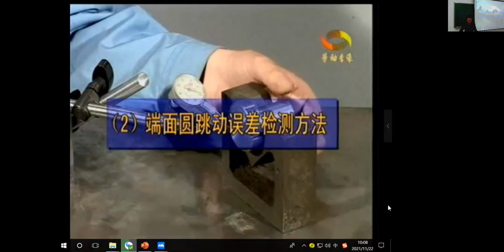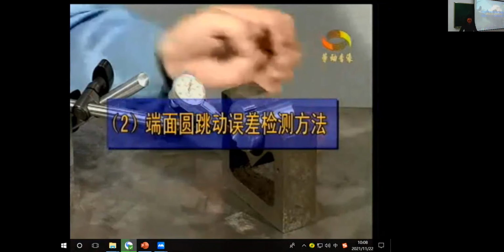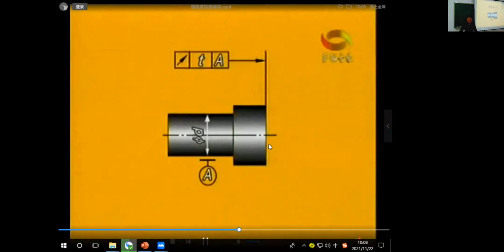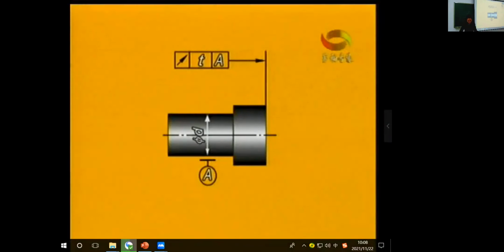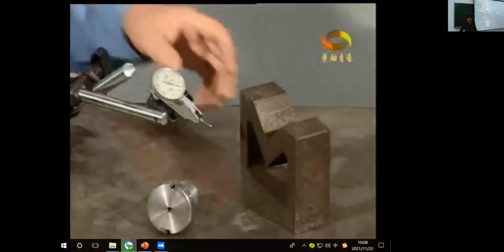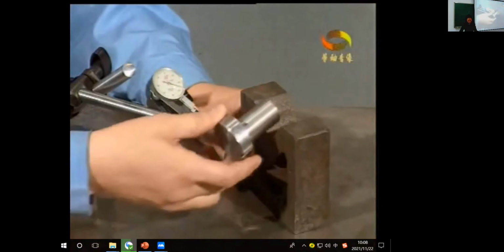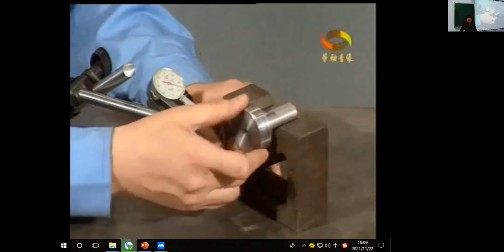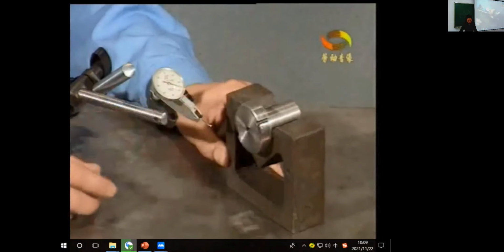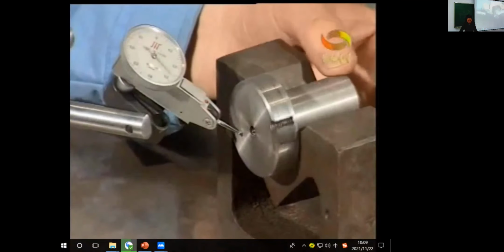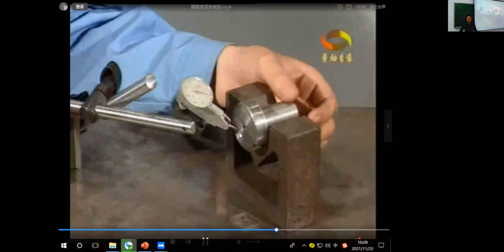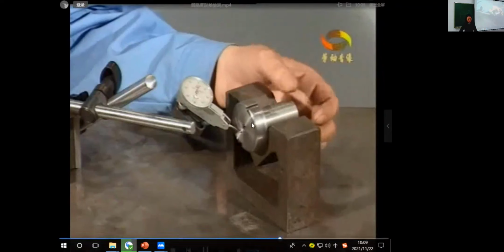For the radial runout measurement method, this is the axis. And this point is a still point, and we rotate this shaft.